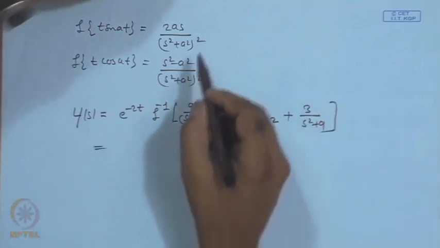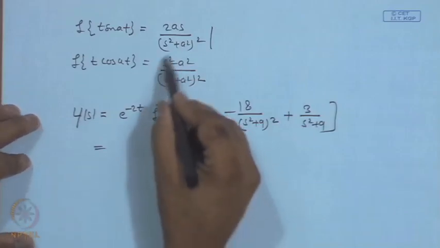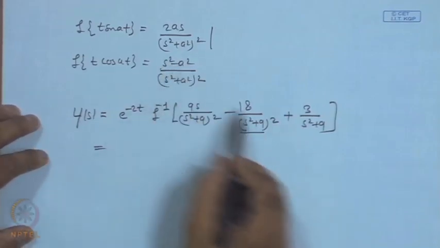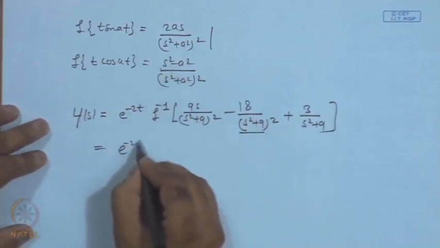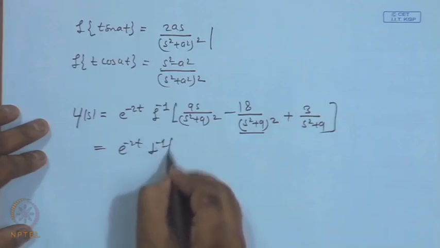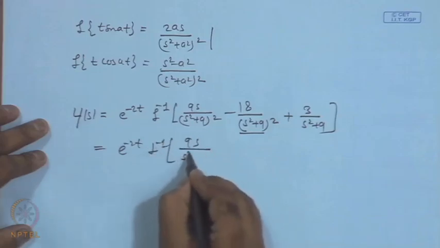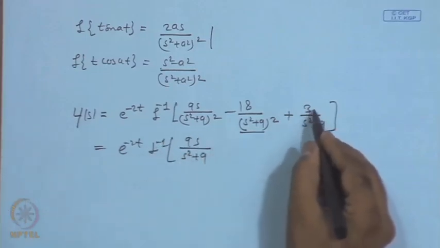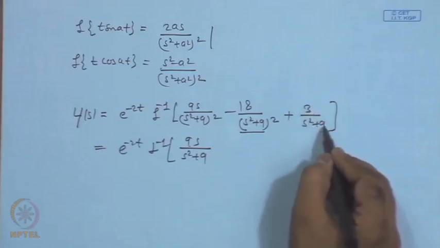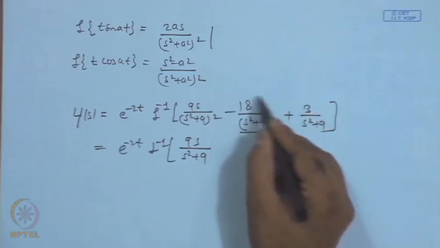So, here from the sin at form, we need to have the s² − a² term. So, for the e^(−2t) term, we have L inverse; this 9s we will keep, and this 3 over s² + 9 we will combine with this.